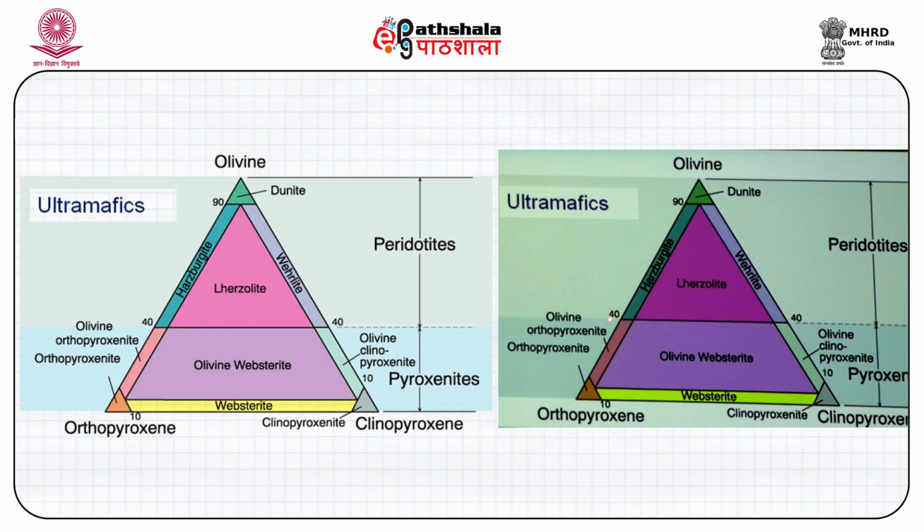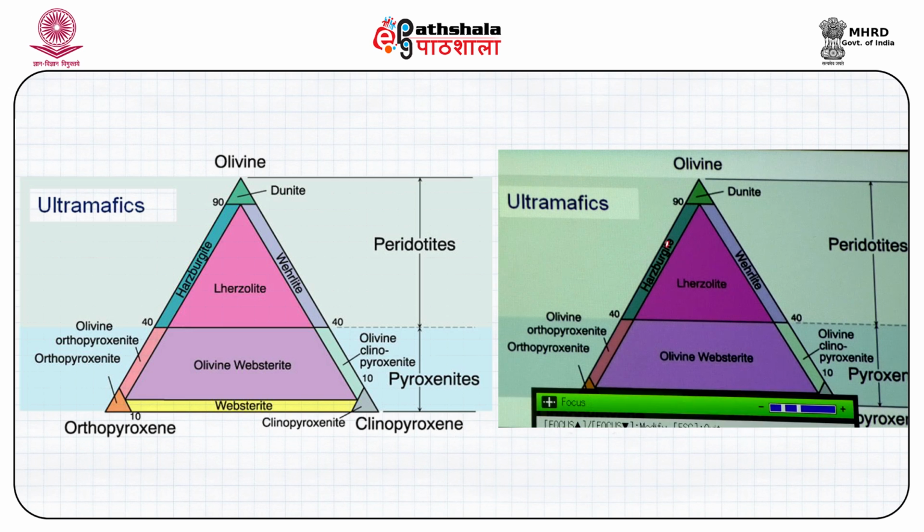And then you can see here there is a divide at 40% olivine. Rocks having more than 40% olivine, for example on this side, orthopyroxene and olivine together will form harzburgite.